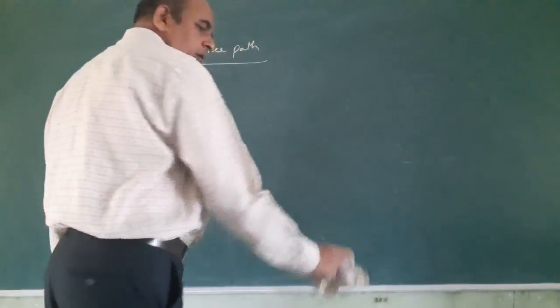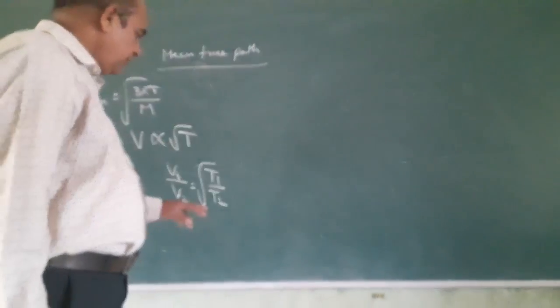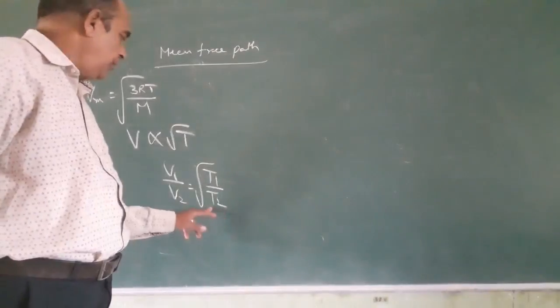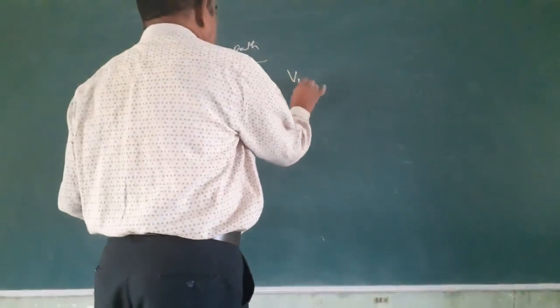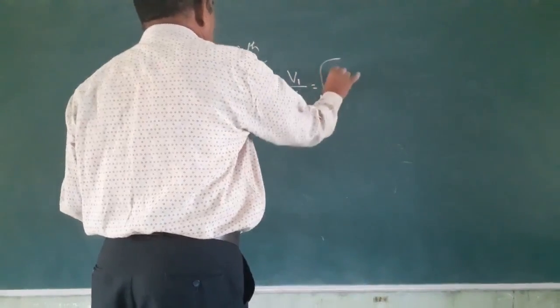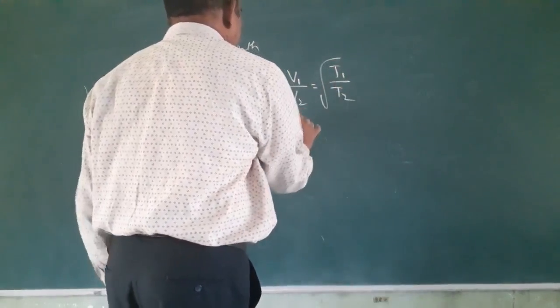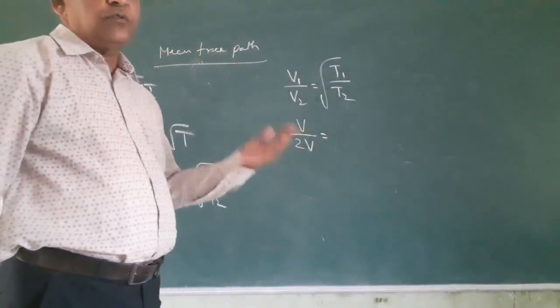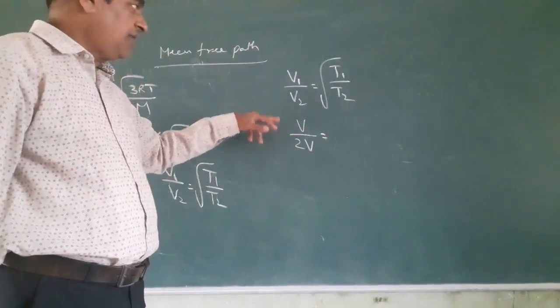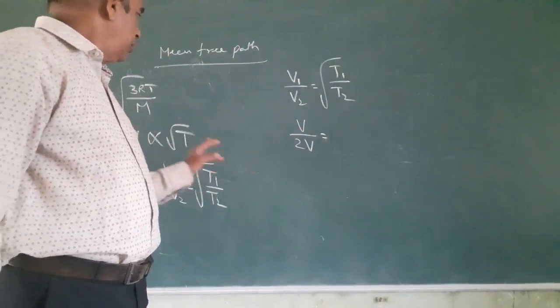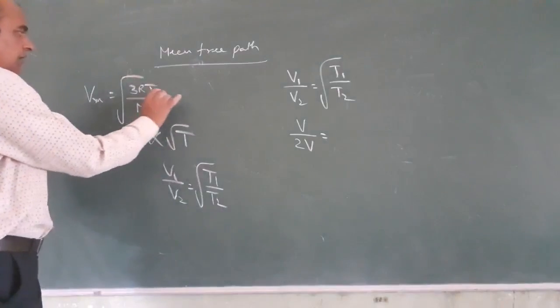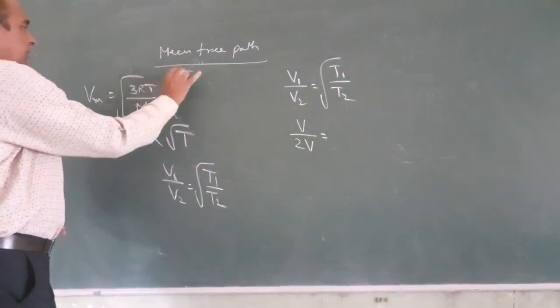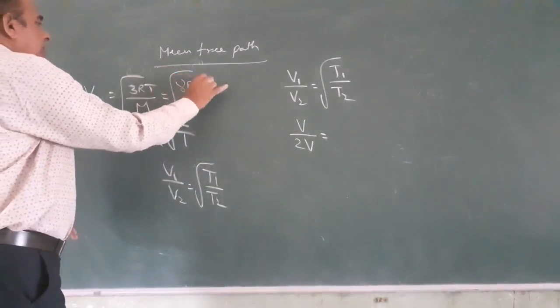So here the initial temperature is 0 degree centigrade, and we have to find the final temperature. V1 by V2 is root of T1 by T2, that is V by 2V. This formula is valid for gases also, gamma RT by m.